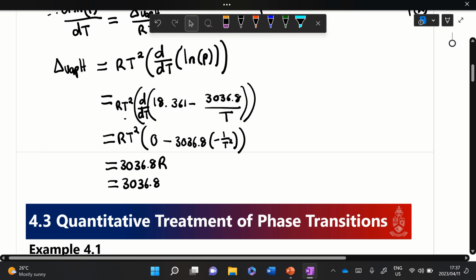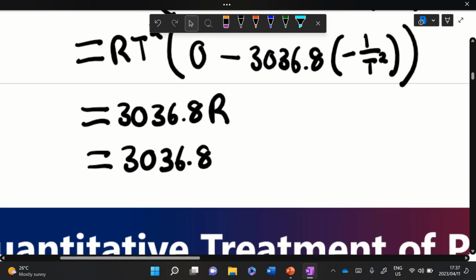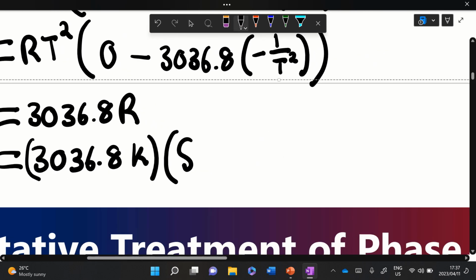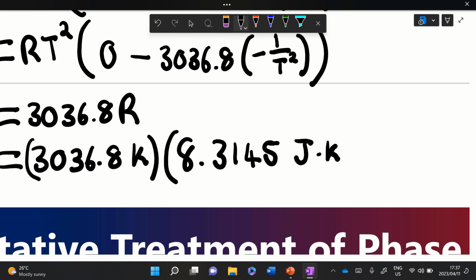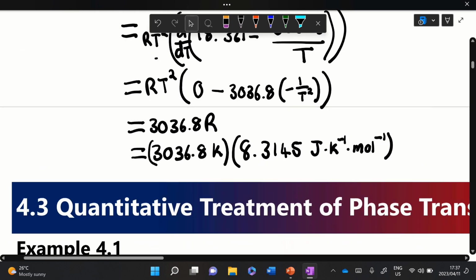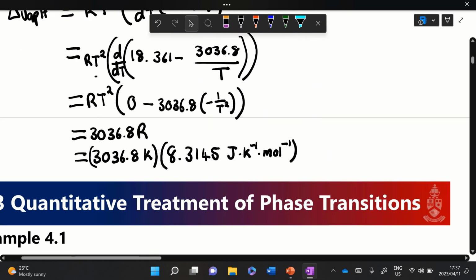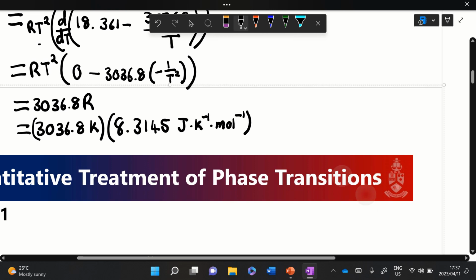So that's in Kelvin, so we're able to cancel our units. R is 8.3145 joule per Kelvin per mole. The Kelvins cancel, and we're left with joule per mole, which makes sense because we're dealing with enthalpy.